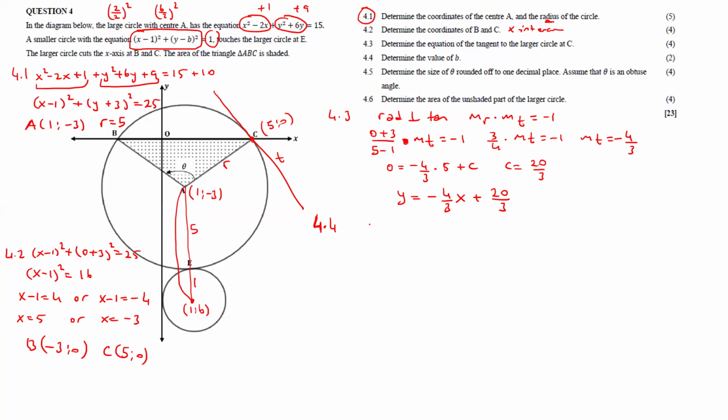So when you subtract, -3 minus b must give you 6. From this, b will be equal to -9. The vertical distance between A and the center of the small circle must be 6. So when you subtract 3 minus b, you must get b as -9.